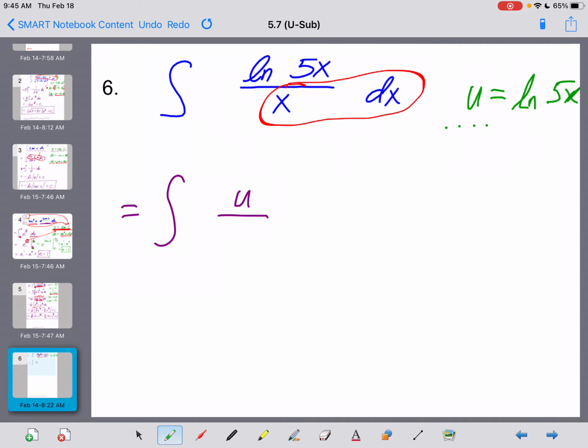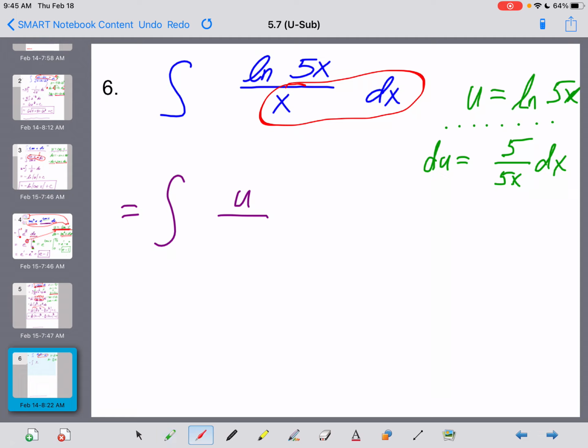So let's try differentiating both sides. We're going to get the derivative of u is equal to, and if you recall, guys, the derivative of natural log of anything is 1 over that quantity, so in this case 1 over 5x, multiplied by the derivative of that quantity, which is 5, and then a dx at the end of all that.